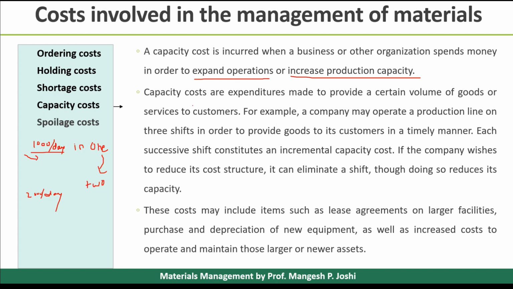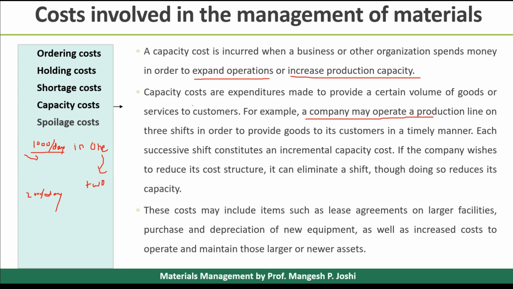Capacity costs are expenditures made to provide a certain volume of goods or services to the customer. For example, a company may operate a production line on three shifts in order to provide goods to its customers in a timely manner. Each successive shift constitutes an incremental capacity cost.